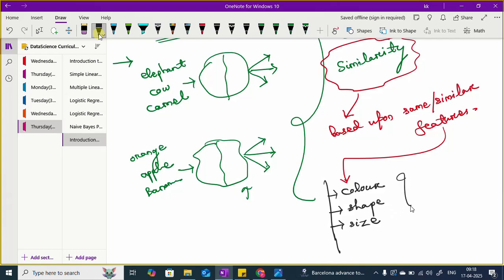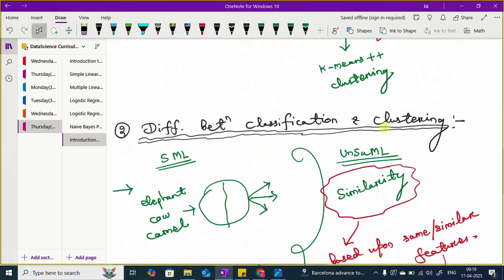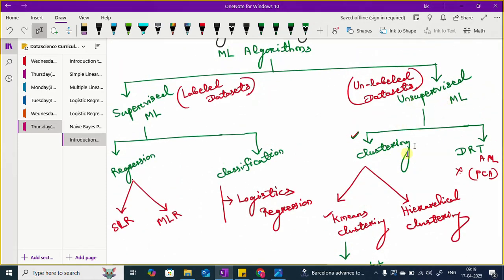Clear? Now, based upon the similarity, it will try to bring them into a confined or isolated area and create a cluster altogether. So whenever I say clustering, that is related to unsupervised machine learning.